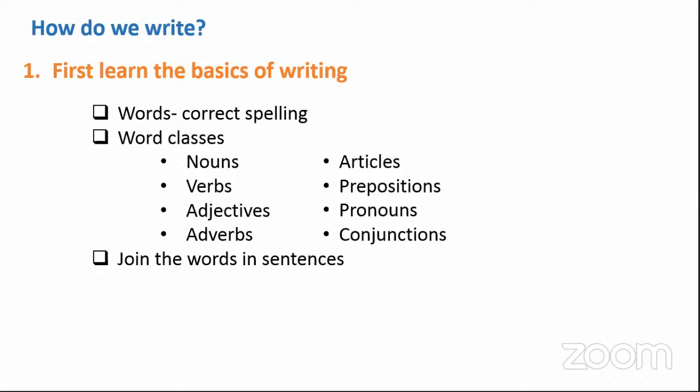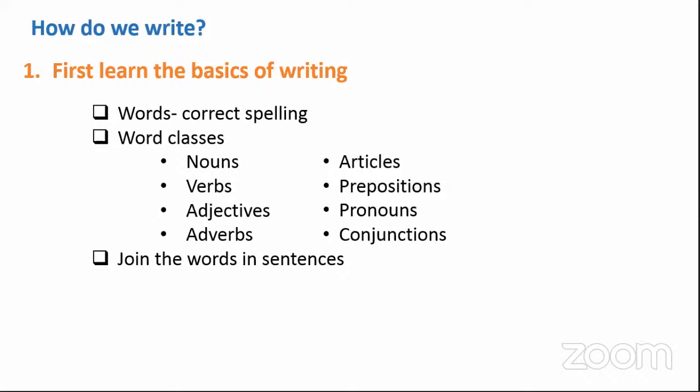When you hear the word basic, so as I said, words. So, we need correct spelling. And there we must learn the formation of letters also. And already I think you have learned the several word classes in the English language. So what are the word classes? We have nouns.